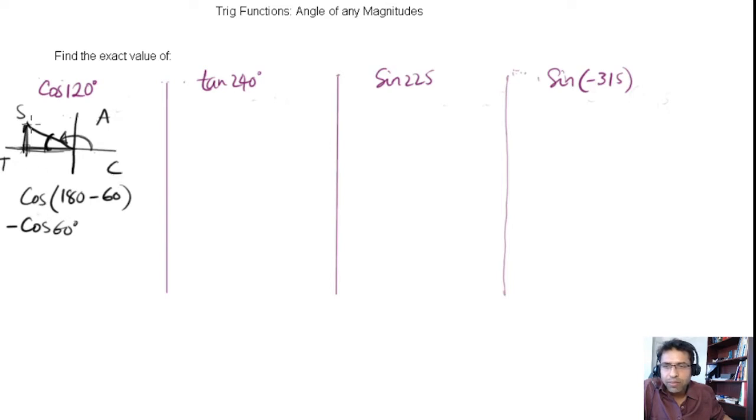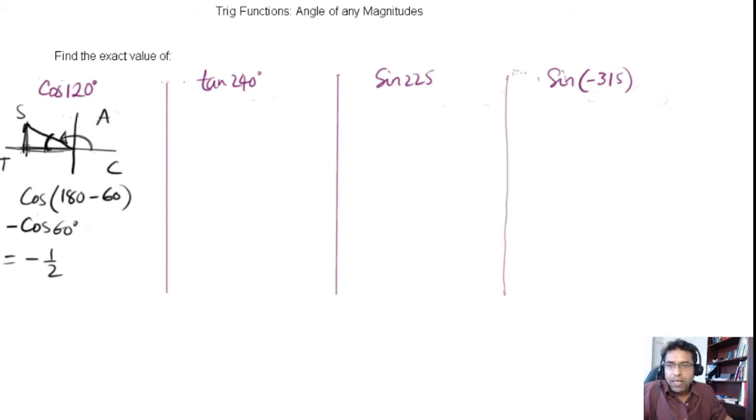In this case we have the second quadrant, so cos is negative, so negative cos 60. We know that cos 60 is half, so it's negative half.